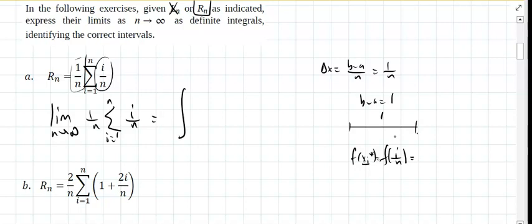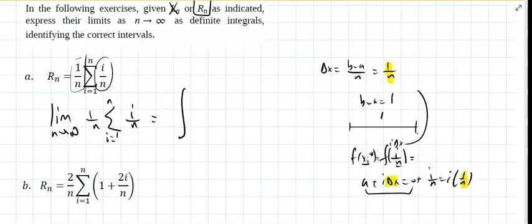Well, we know what that is. That's pretty much delta x up there times i. So we know a plus i delta x should equal the i over n. But i times 1 over n. Delta x is right there. So that means we must have started at 0. So we know that a is 0.